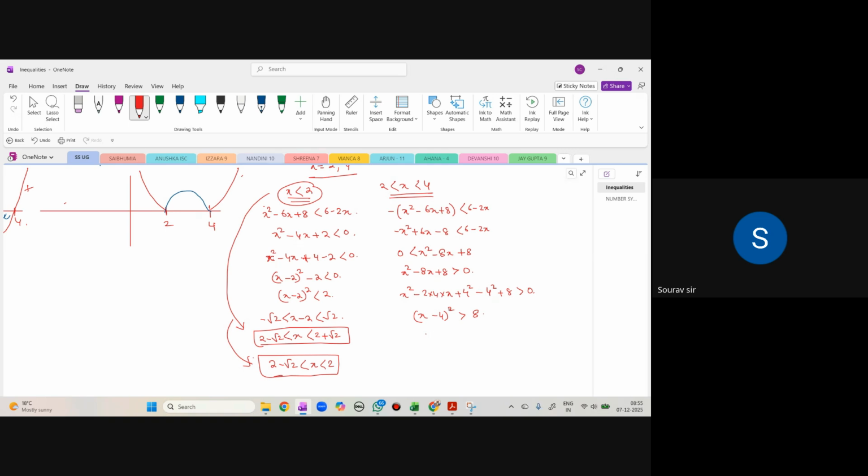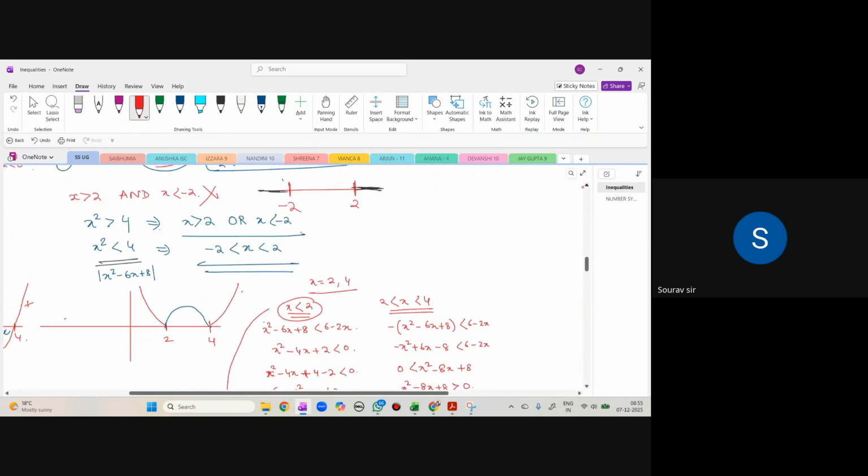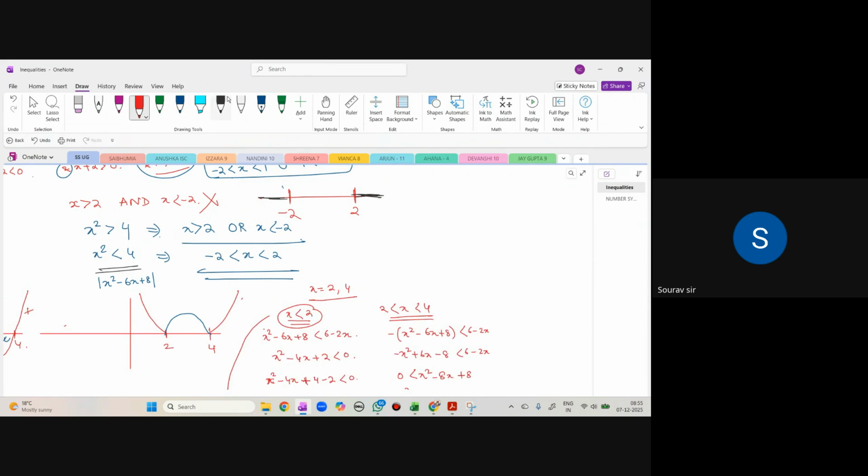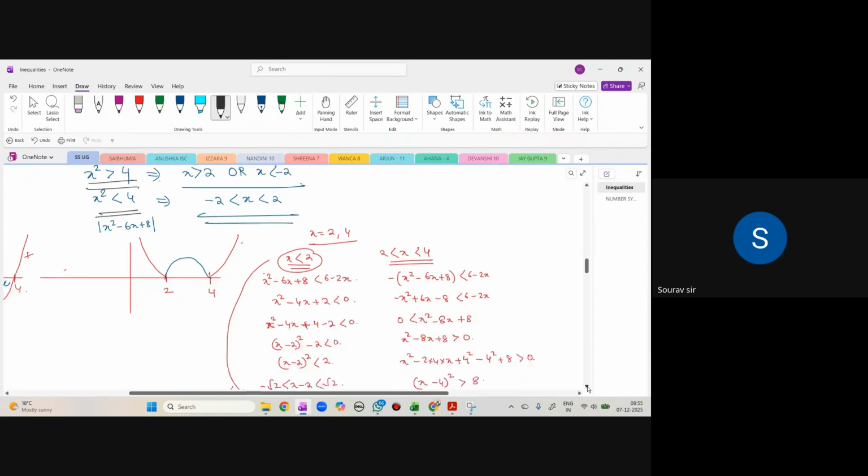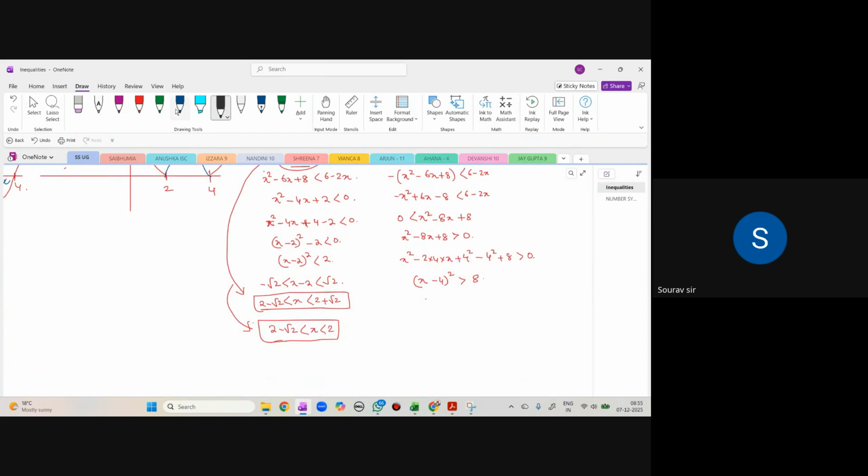So that means we'll follow this one. X square is greater than 4 means x is greater than 2 or x is less than minus 2. So which means x minus 4 is greater than 2 root 2 or x minus 4 is less than minus 2 root 2.